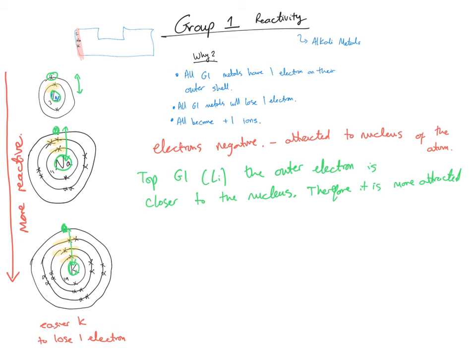We call this shielding. At the top of group 1, lithium, there is less shielding between the outer electron and the nucleus.